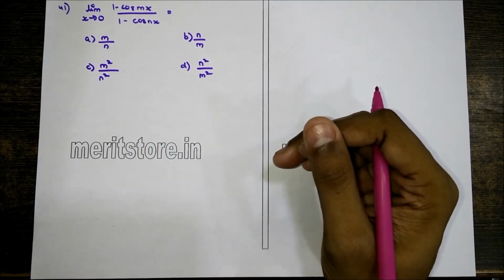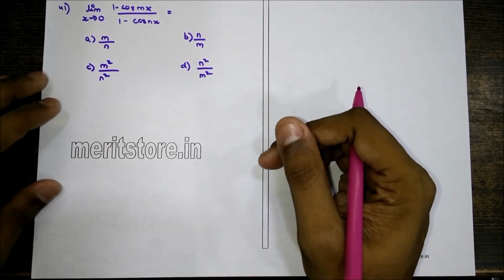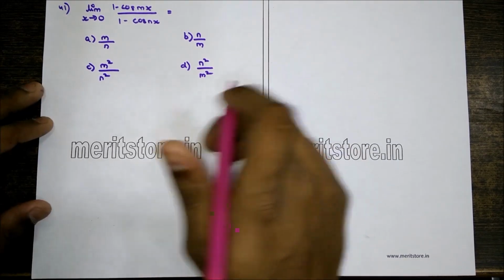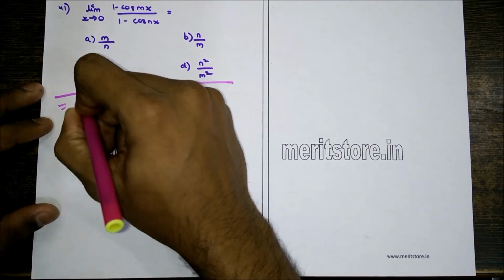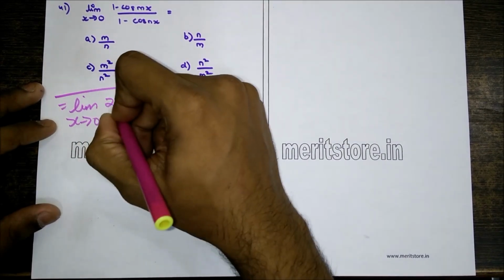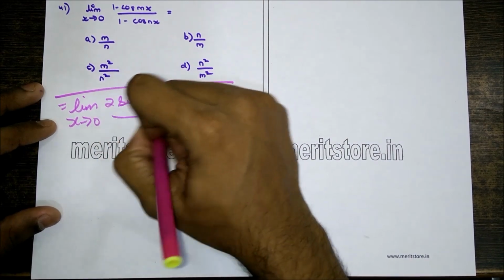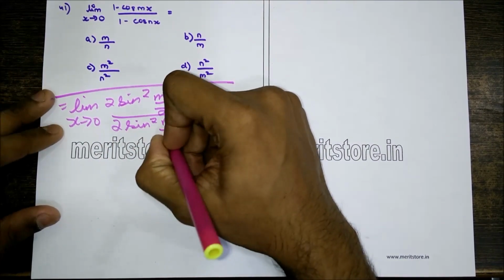Limit of x tends to 0 of (1 minus cos mx) upon (1 minus cos nx) is equal to: a) m by n, b) n by m, c) m square by n square, d) n square by m square. So we have limit of x tends to 0 of 2 sine square mx by 2 upon 2 sine square nx by 2.